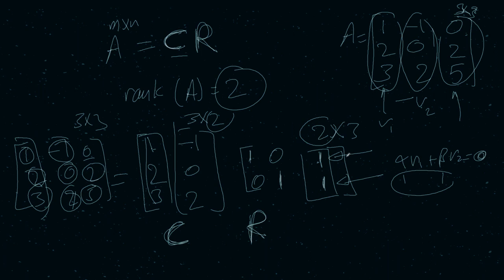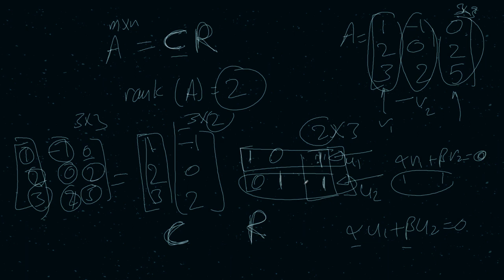If I call this vector, let's say, u1, and this vector u2, there is no alpha and beta where alpha times u1 plus beta times u2 equals 0, unless alpha and beta are both zero. Otherwise it is not possible. So actually the rows are also independent.